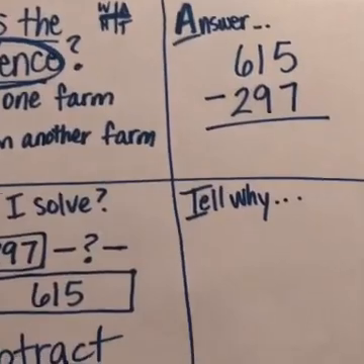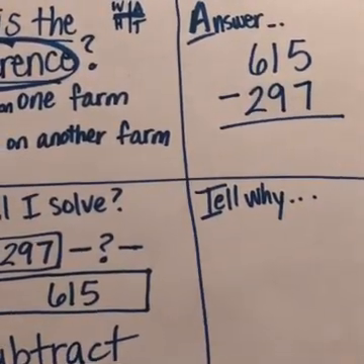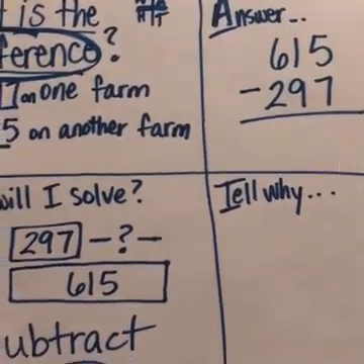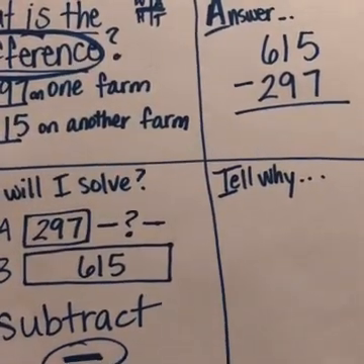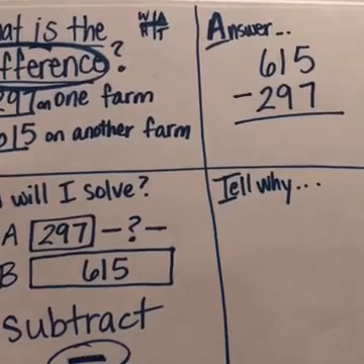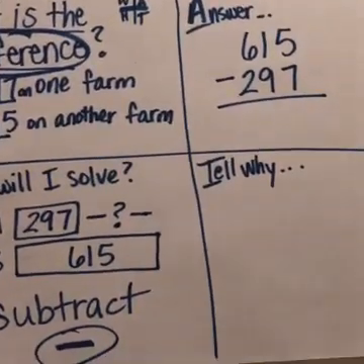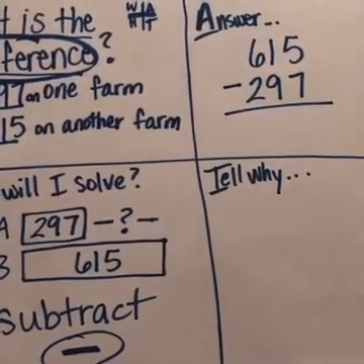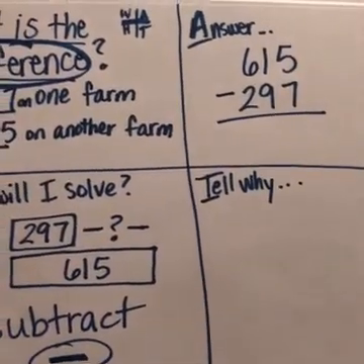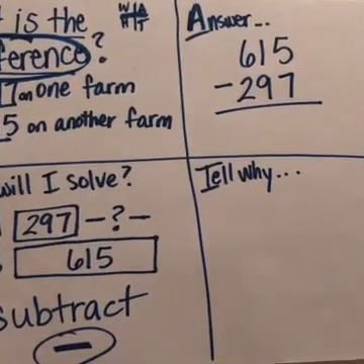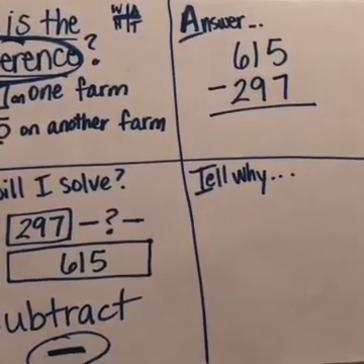I'm going to do it the algorithm way and show you how you can teach your child how to do that. But then I'm going to show you an even quicker way that requires less work. And the kids who aren't good with regrouping, which is what y'all would have called borrowing. We don't call it that anymore. We call it regrouping. I'm going to show you a way where if your child struggles with regrouping, it's an alternative.